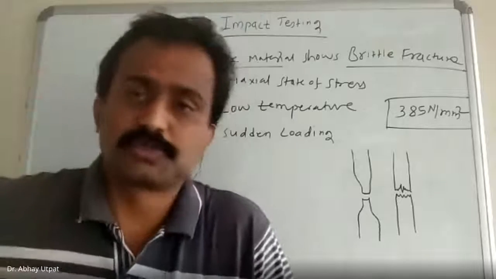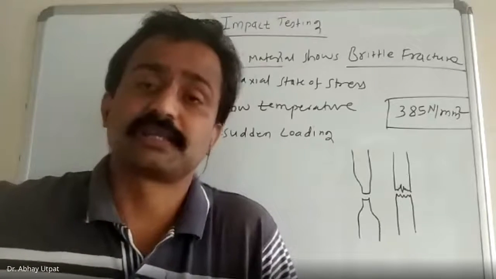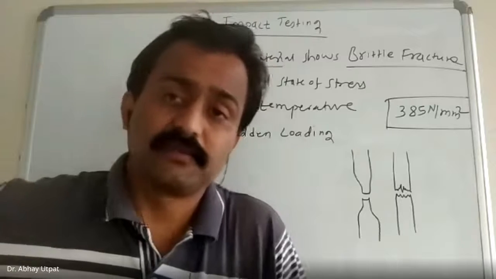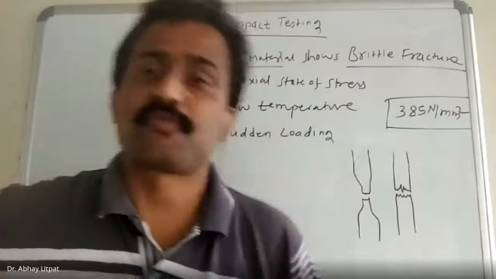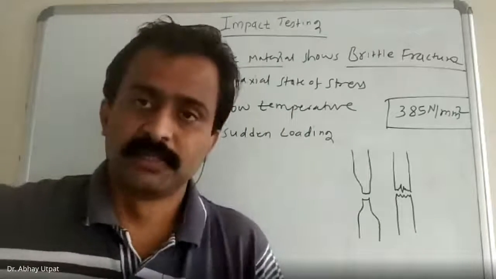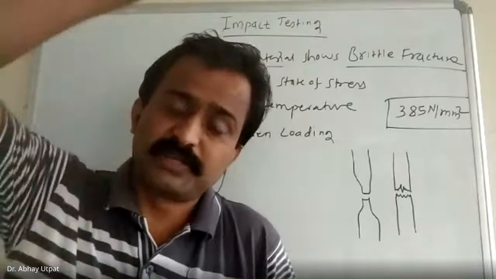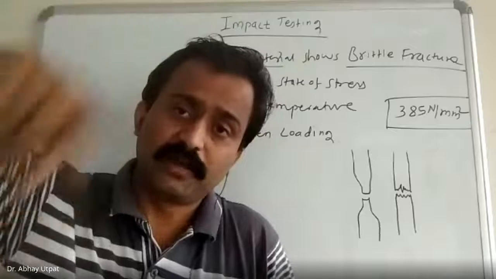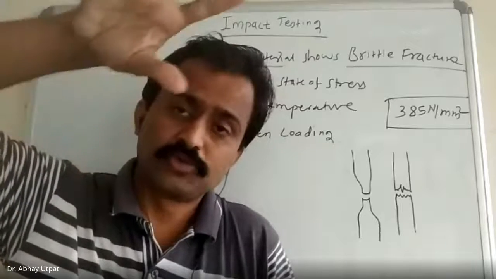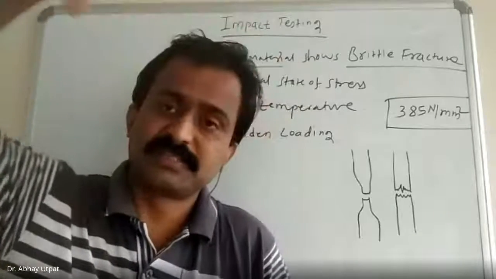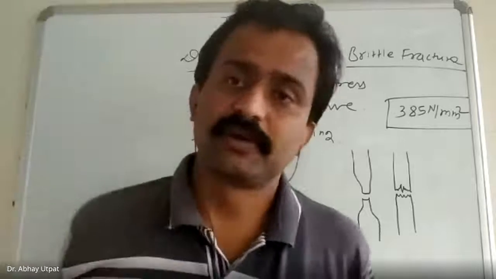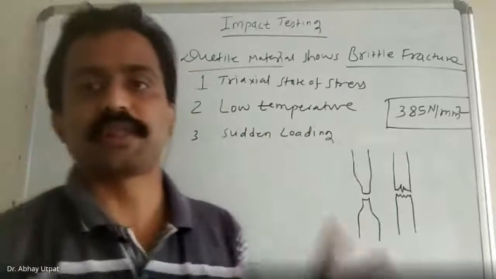Many times questions were asked in the examination. The following test gives true toughness. The following test gives relative toughness. Remember, it is very difficult to find out toughness from the tensile test because you have to measure the area and make calculations. So to save that, the impact test is designed so that it will give the toughness with some small calculations.